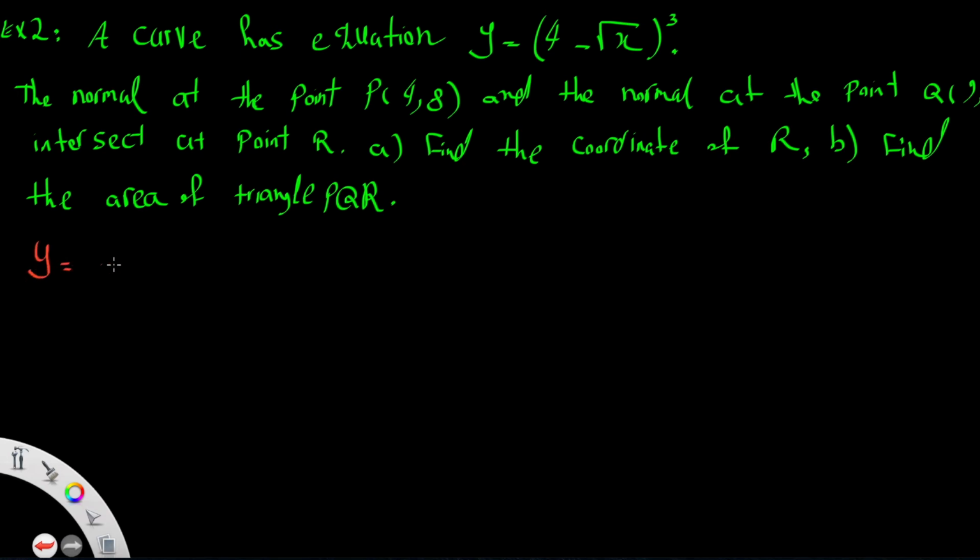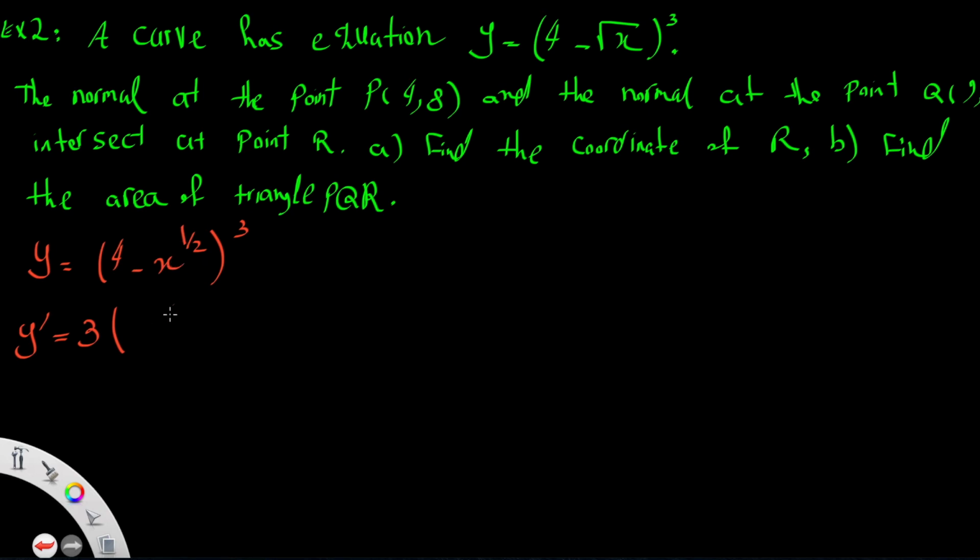So y is equal to, instead of radical x, I write x to the power of half, all to the power of 3. Now here the chain rule must be implemented. So y prime is equal to, if you remember, the power is multiplied, then the differentiation of u. It is your expression which is called u. Differentiation of brackets: differentiation of 4 is 0.